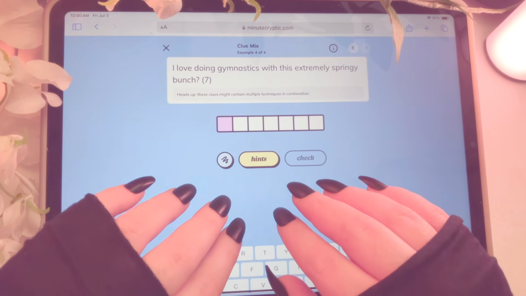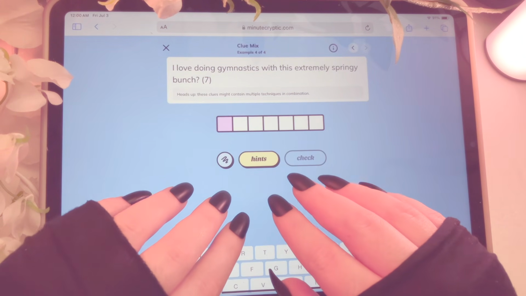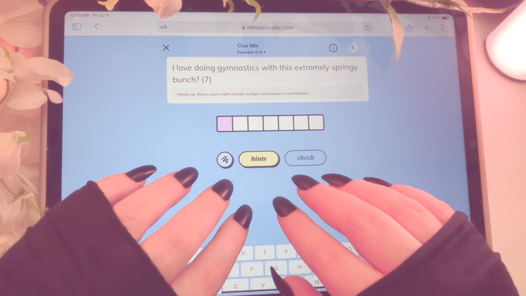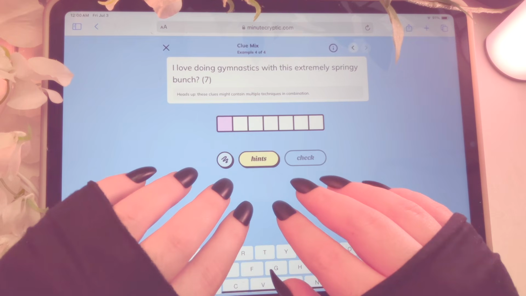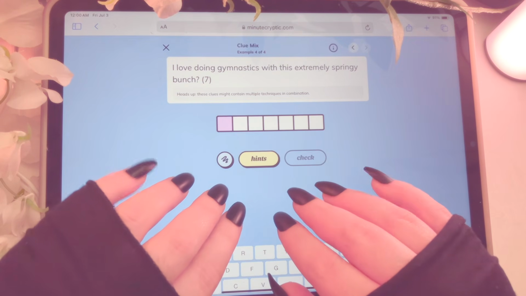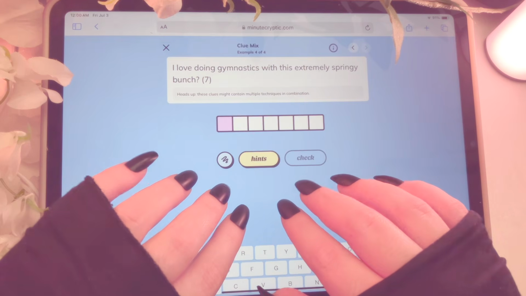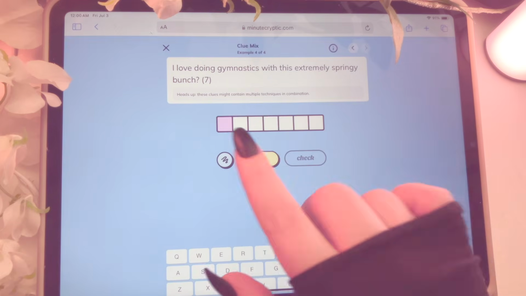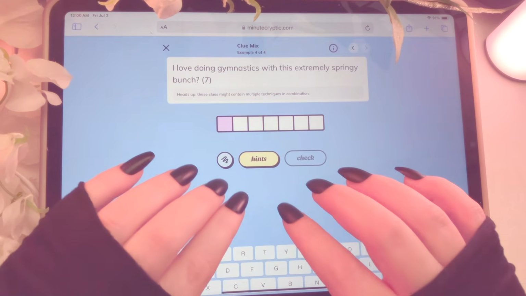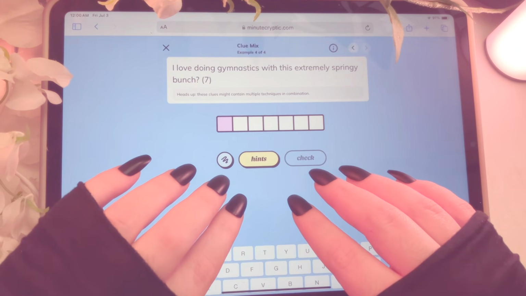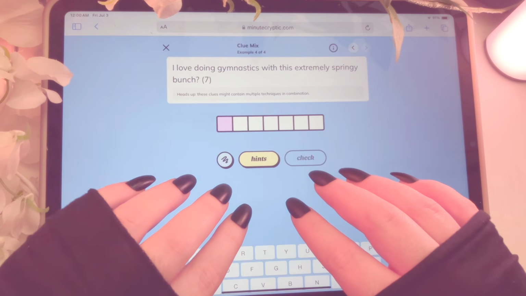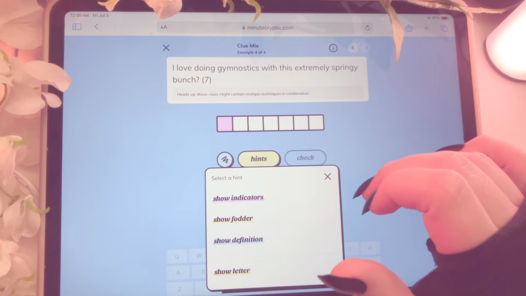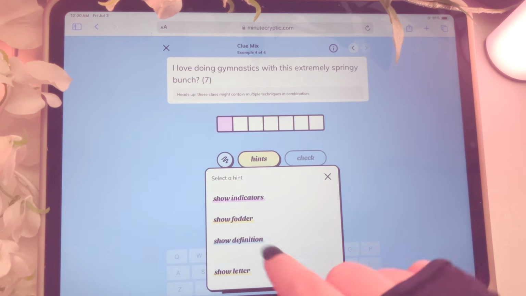I really have to think about this one. This is hard. The only possible indicator I can see is gymnastics. Yeah. We're gonna do a hint.